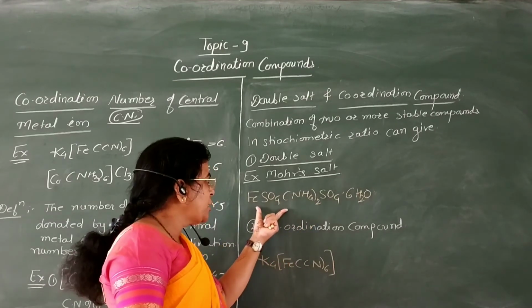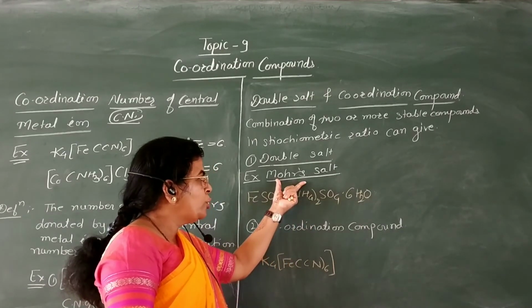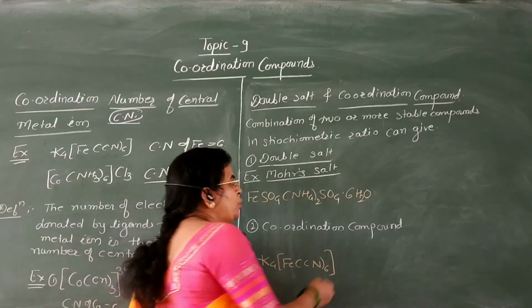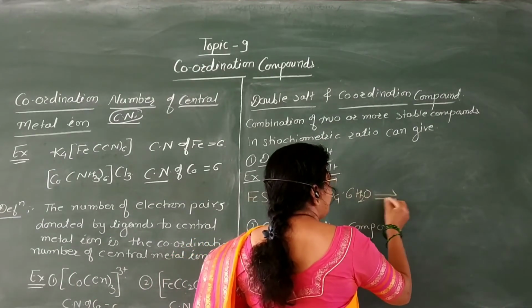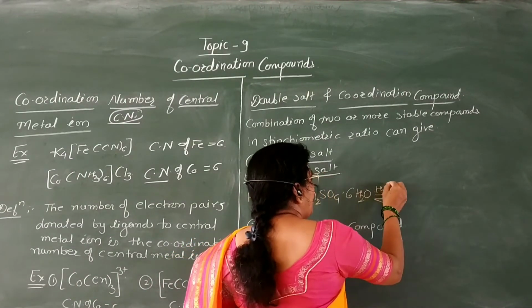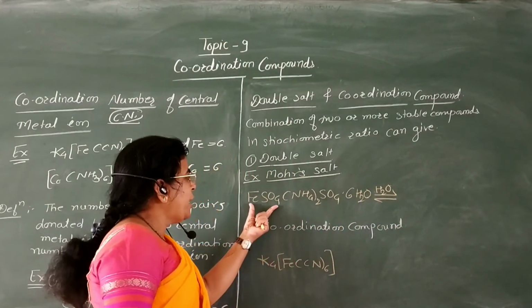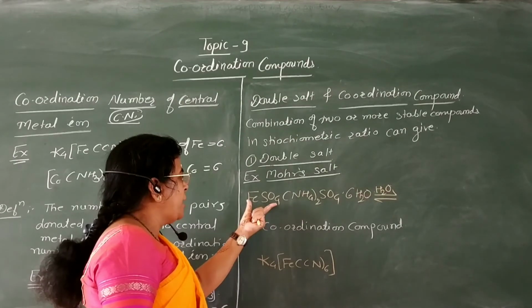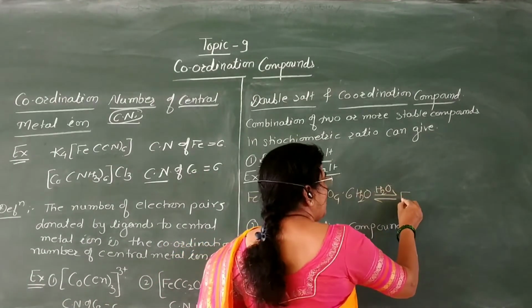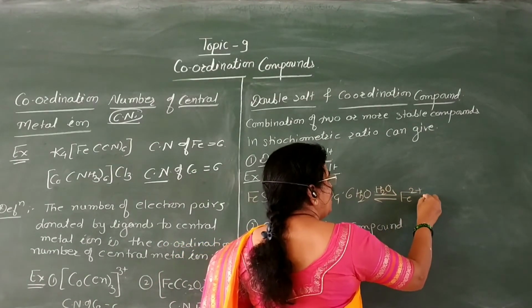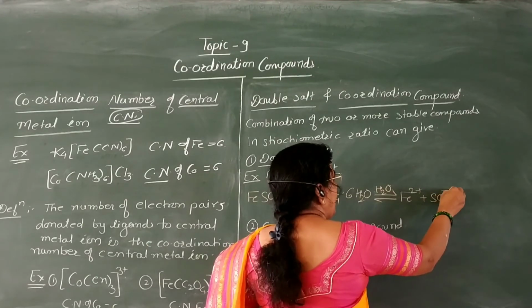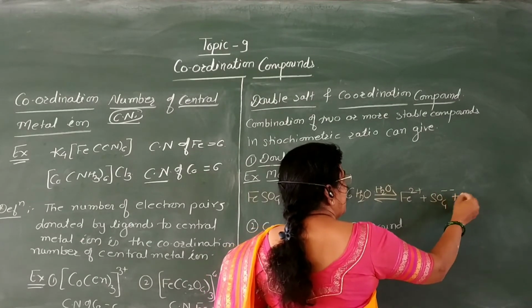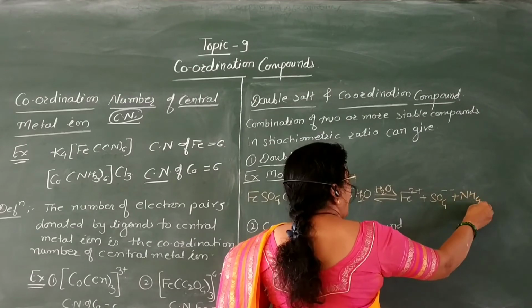When this ferrous ammonium sulfate or Mohr's salt undergoes dissociation in water, then we get various types of ions, that is Fe2+ ions plus SO4 2- ions plus NH4+ ions.